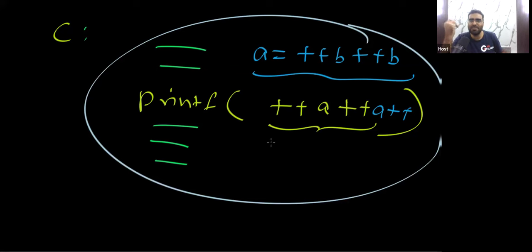So let me tell you, when you run a C program and then create your own concepts, those are wrong. Concepts are concepts. For example, this is undefined in C language. C language does not say anything about this.